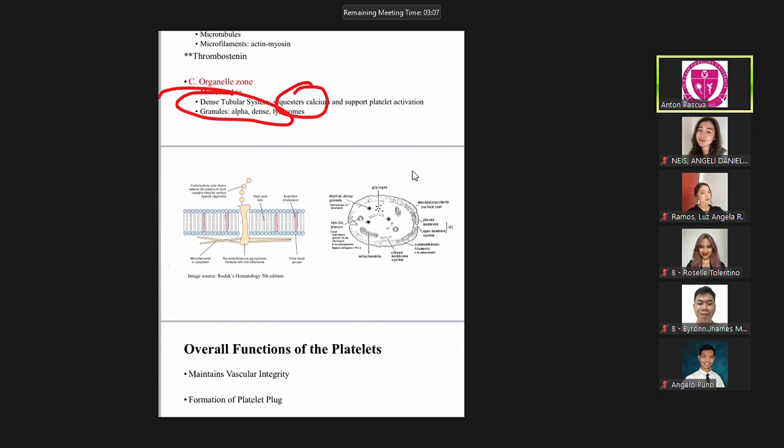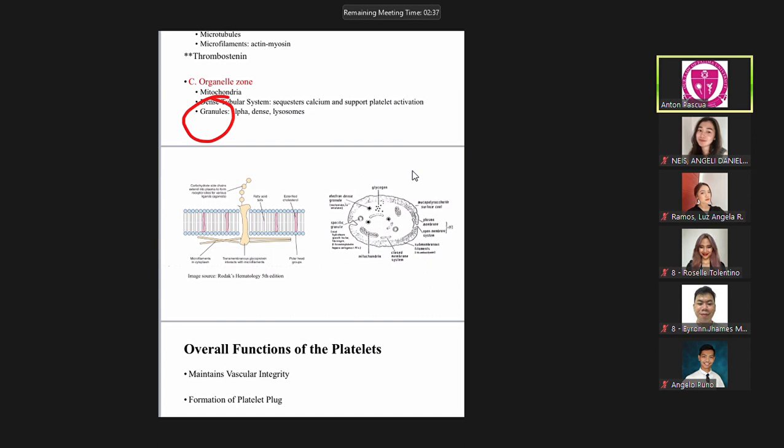And then lastly, other substances that are collected by your platelets will then be on your granules. Alpha, dense, or lysosomal granules. Lysosomal, yan, yung mga enzymes that could then be probably used to digest certain components present within your platelets. But when it comes to clotting mechanism, the two most important will be your alpha and your dense granules.